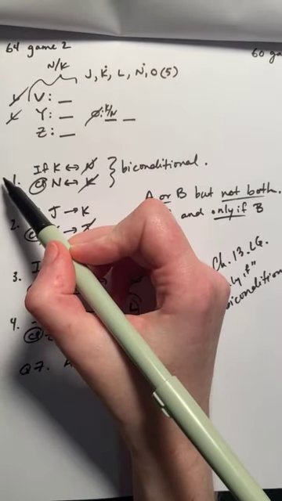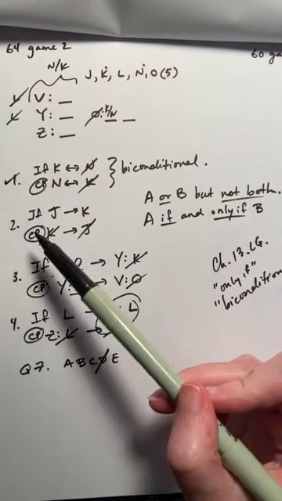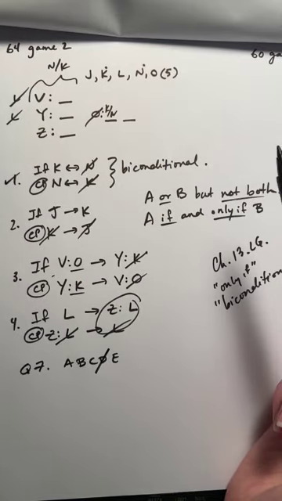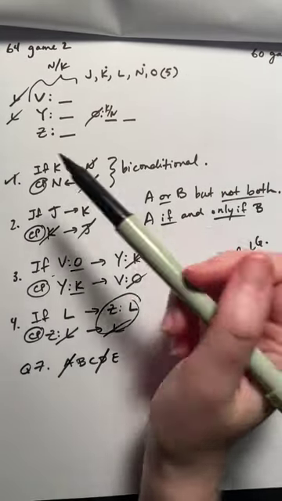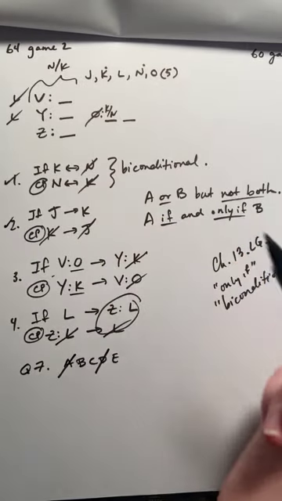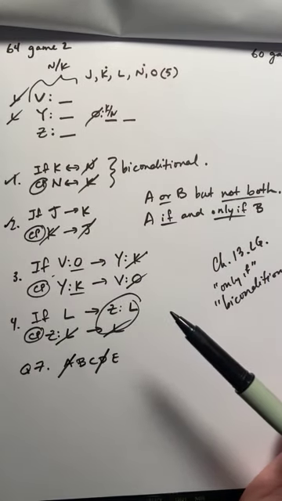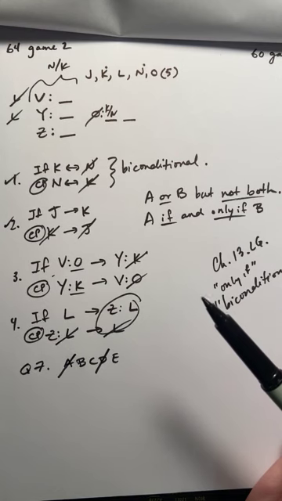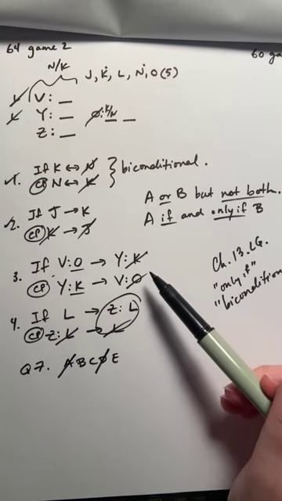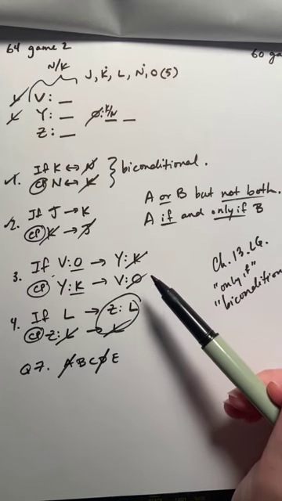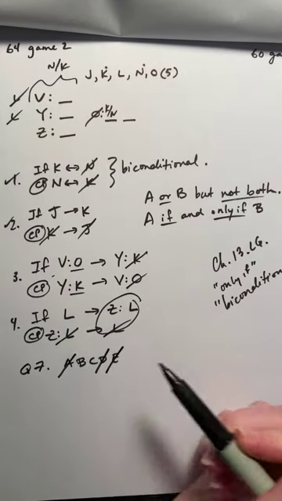So we've applied rule 1 and found the rule breaker. If J is present, K needs to be present, so A is out. If V has O, which is present in E, then Y can't have K, and it does, so E is out.